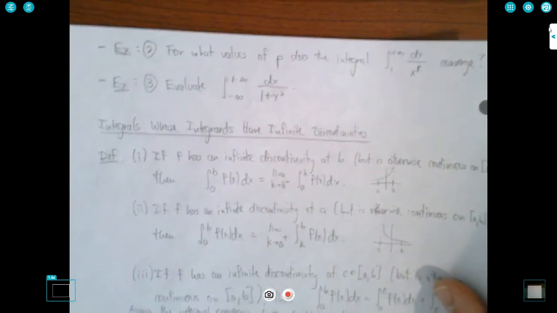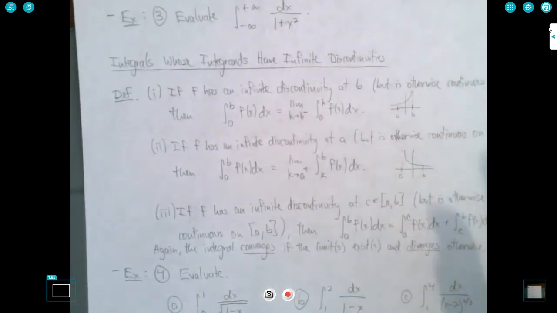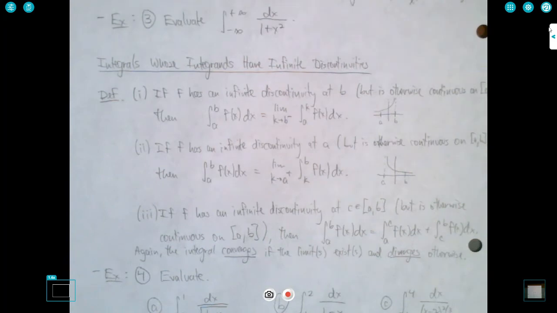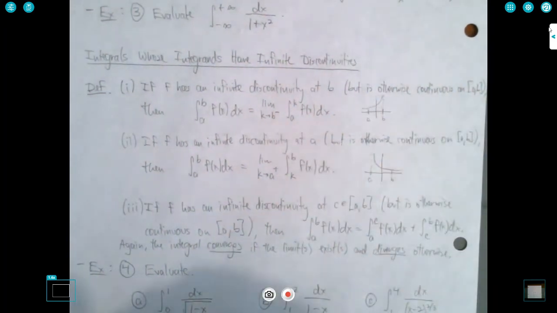I want to move on to the second type now, though. The second type of improper integral is one where you have an infinite discontinuity somewhere within the interval over which you're integrating. So let's talk about how to deal with those.